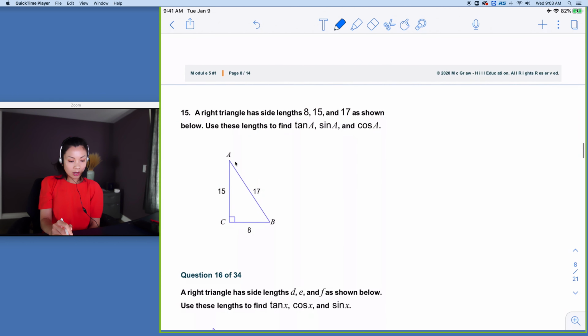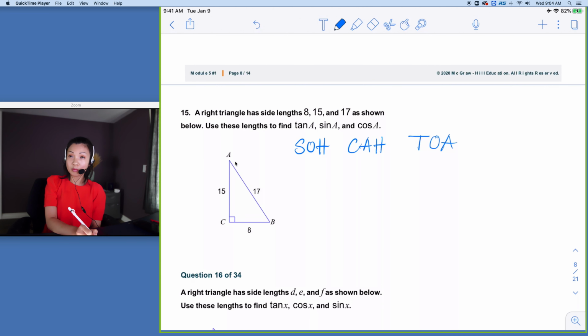Now, a right triangle is given with side lengths 8, 15 and 17. We want to use these lengths to find tangent of A, sine of A, and cosine of A. Now we're going to go back to SOHCAHTOA. So hopefully you still remember SOHCAHTOA. Sine is opposite over hypotenuse. Cosine is adjacent over hypotenuse.